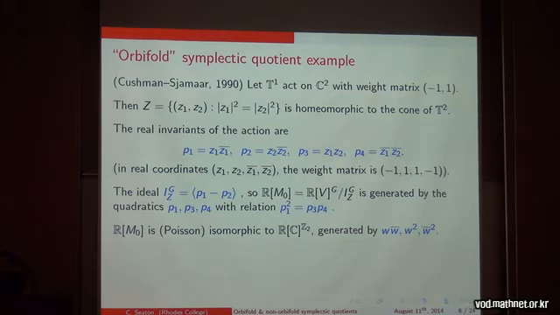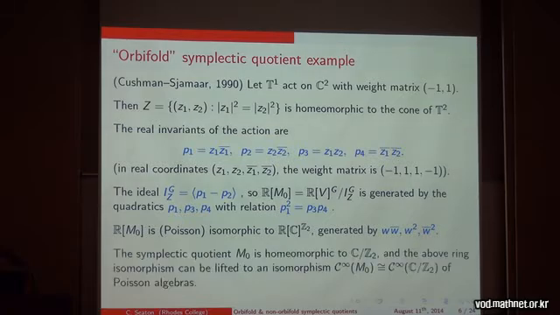And so we get an isomorphism, which turns out to be a Poisson isomorphism between the Poisson algebras, between this symplectic quotient and the orbifold C mod Z2. I'll just mention there's a little bit of work to do, but this ring isomorphism actually also matches the inequalities of the two spaces.